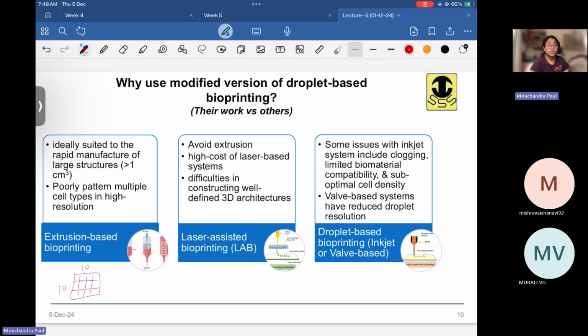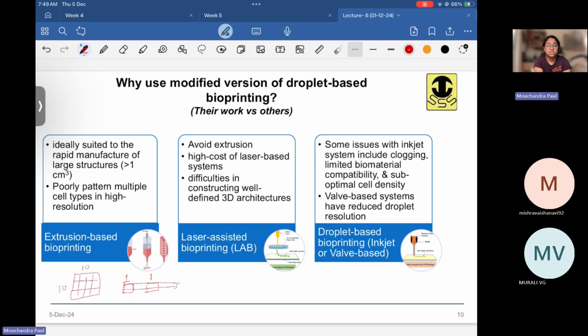But you cannot go to any lower dimension. Means you cannot pattern like this with good reproducibility. Let's say this is a horizontal filament, and you want to pattern only this section with one cell type, okay, and then leave a gap, and then another section with the same cell type. In this way, you cannot pattern very well.